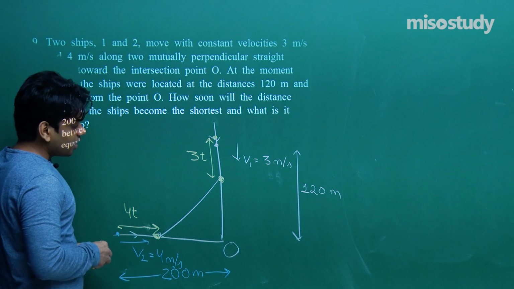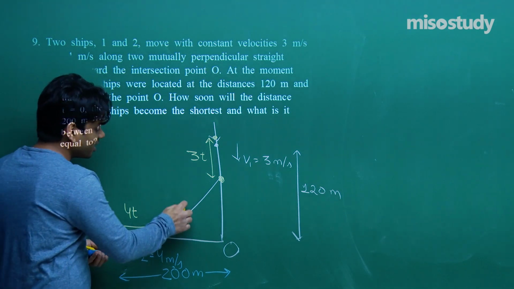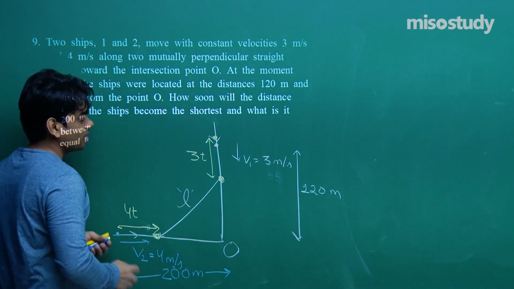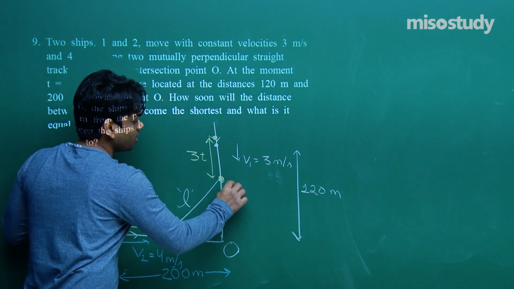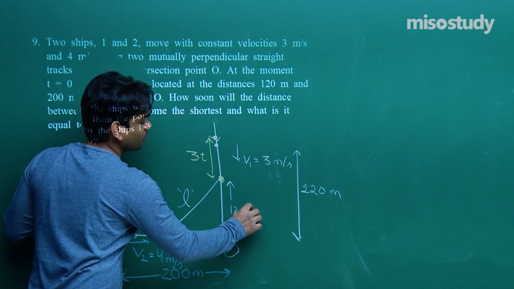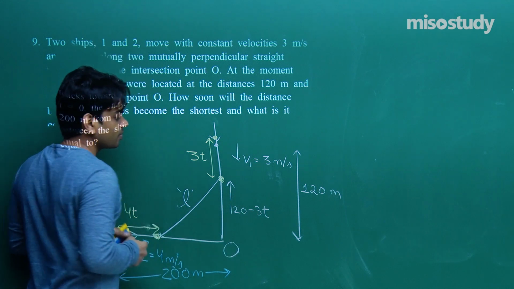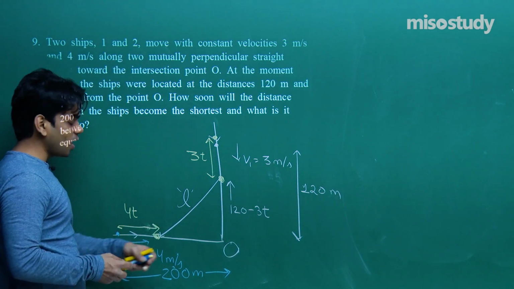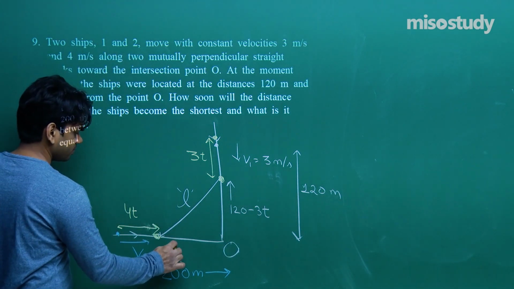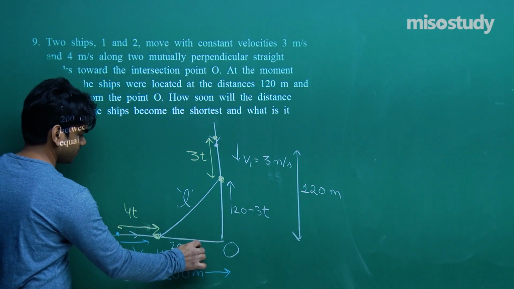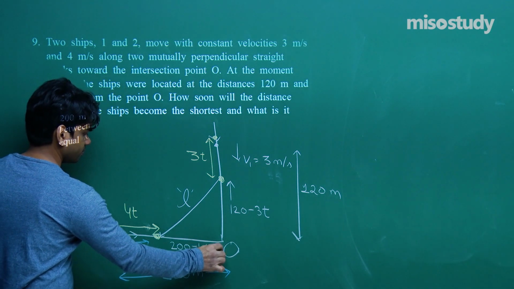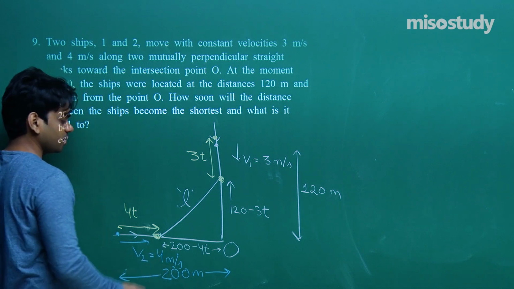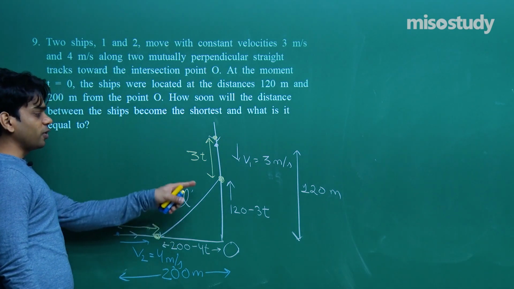Clear. Now try to understand, let's say this distance is L. The leftover distances will be 120 minus 3t, and 200 minus 4t. Done. We are done with 200 minus 4t and 120 minus 3t.